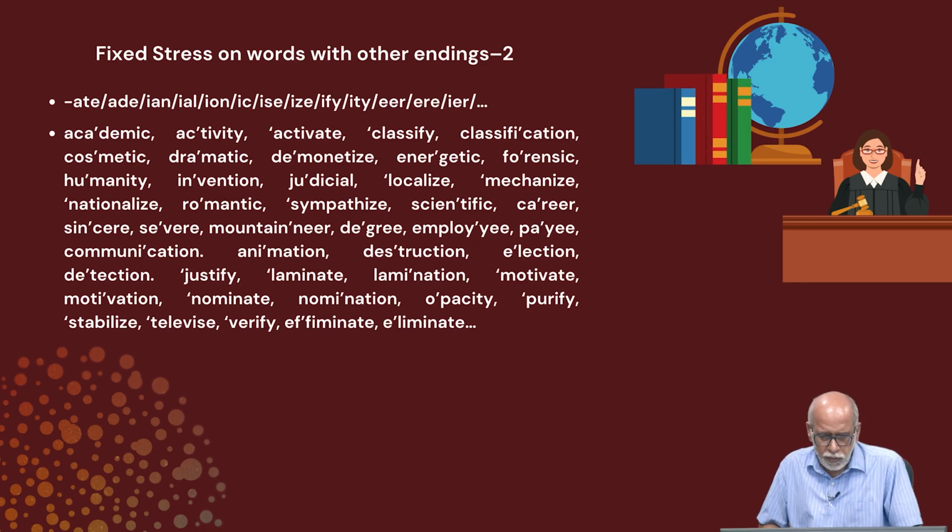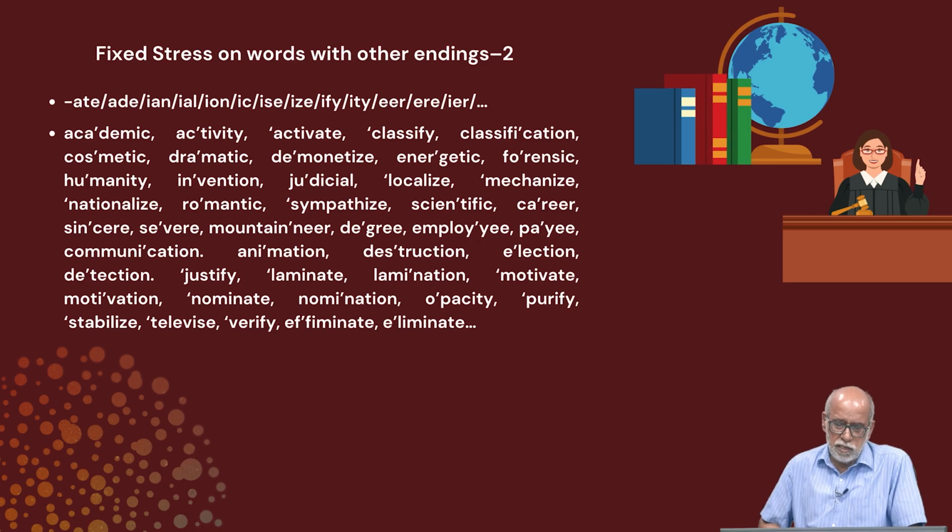Okay. So, these suffixes demand stress on a particular syllable before them. Say, for example, in ate, it is 2 syllables before ate. IAN, it is 1 syllable. IAL, 1 syllable. ION, 1 syllable. IC, 1. ISE, 2 syllables before. You can see the pattern and make your own list of words.